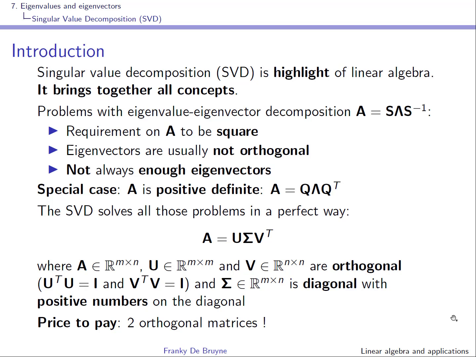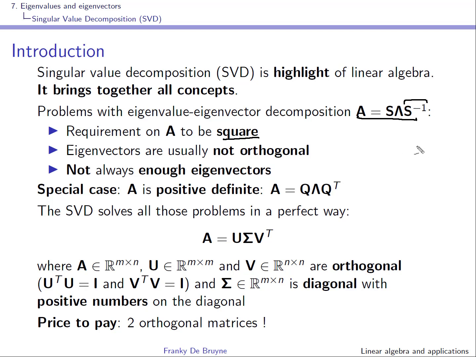If you write the eigenvalue eigenvector decomposition of A, you obtain this equation over here. And well, there are some shortcomings with this description because it requires A to be square. What is annoying here is the inverse. We don't like to work with inverses.